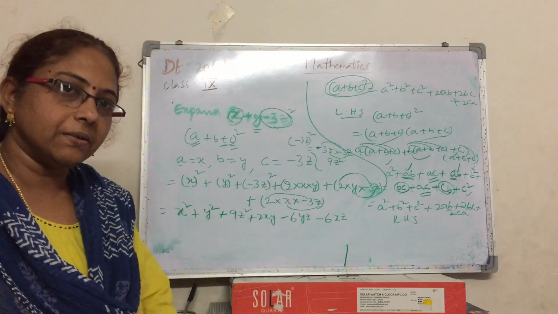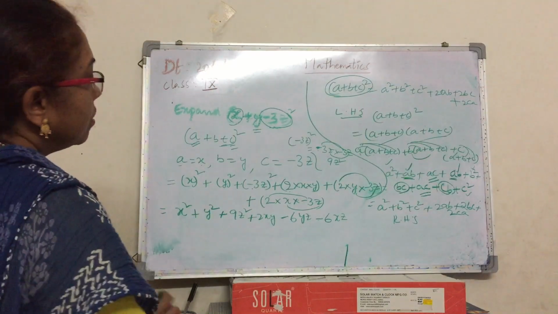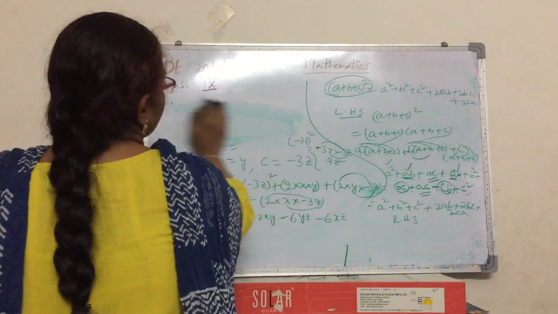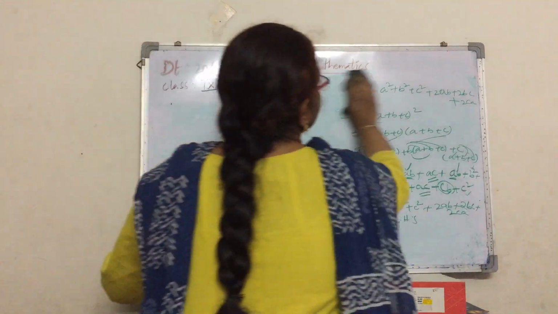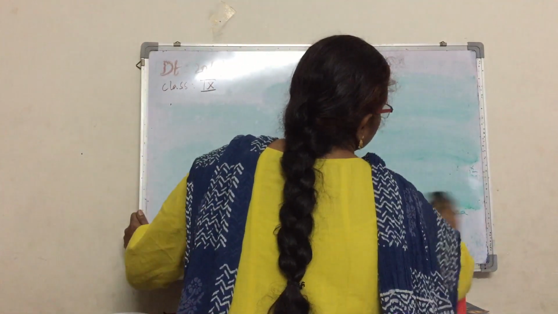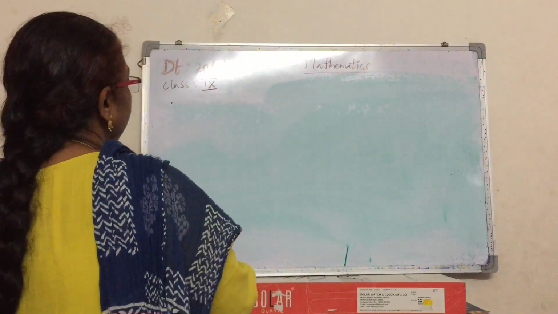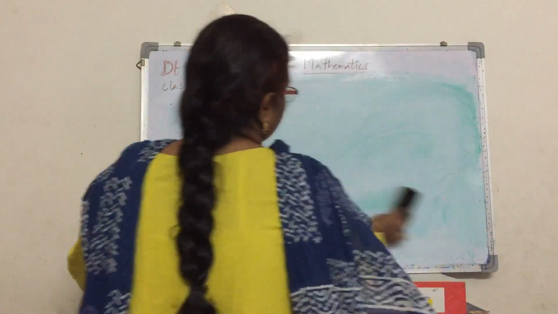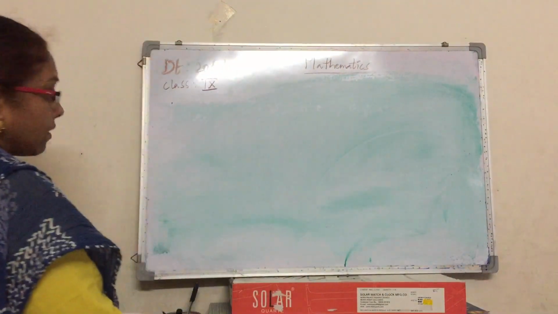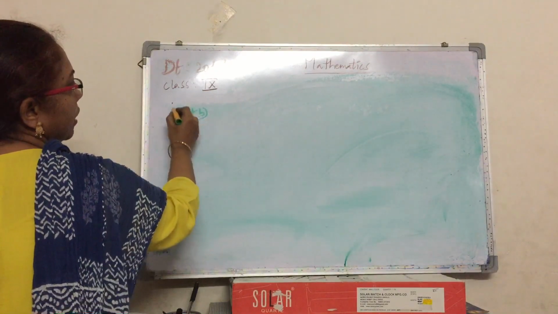Is it clear, children? Now we will do the next one. Now we will take the next identity. What is our next identity? A plus b whole cube.